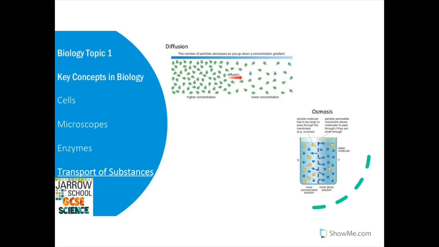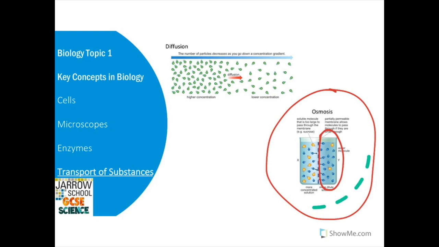Now, a very specific type of diffusion is osmosis. Osmosis is, in simple terms, just the diffusion of water. So there are two ways of thinking about osmosis. You can either think of it as the diffusion of water from where there are more water molecules, i.e. on the Y side of the membrane here, to where there are fewer water molecules, which are on the X side.